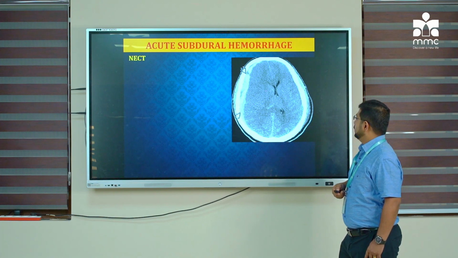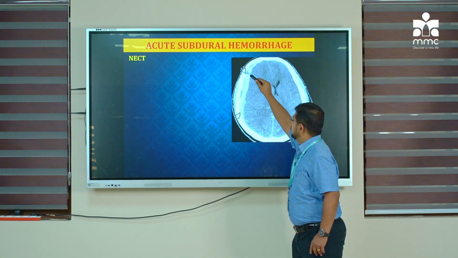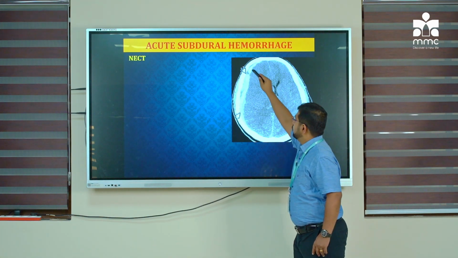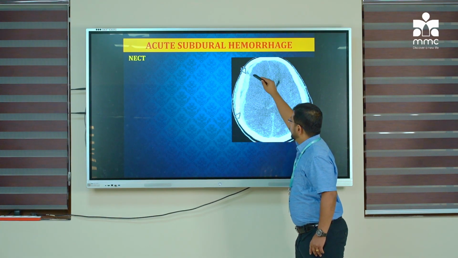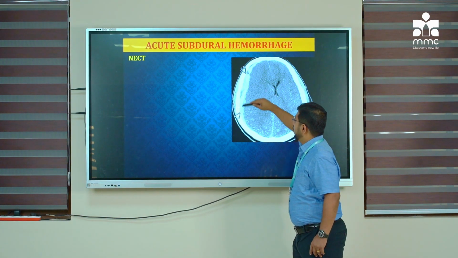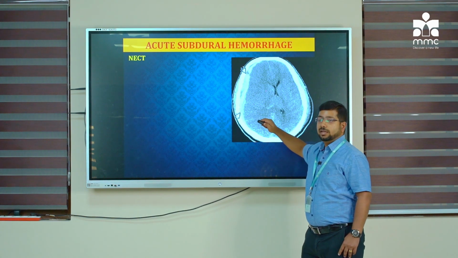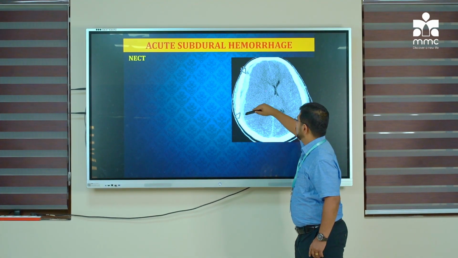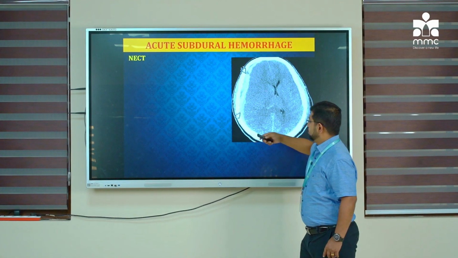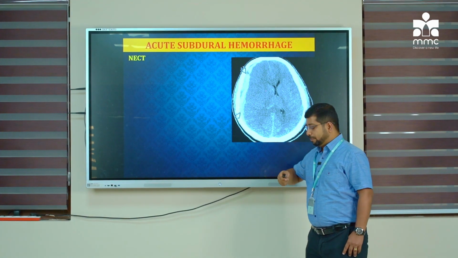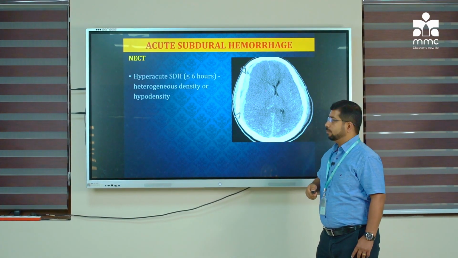So on CT, as I told you, it crosses the suture line and it is concave inside, convex outside, in contrast to the extradural hemorrhage, which is biconvex. This is one of the pickup points where we say it is a subdural hemorrhage.